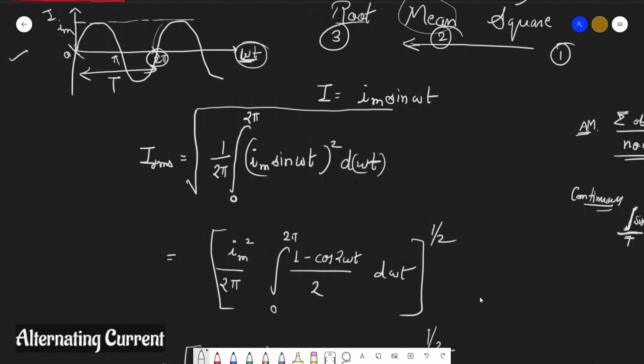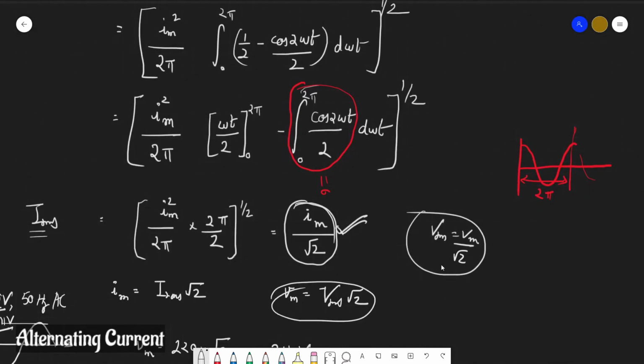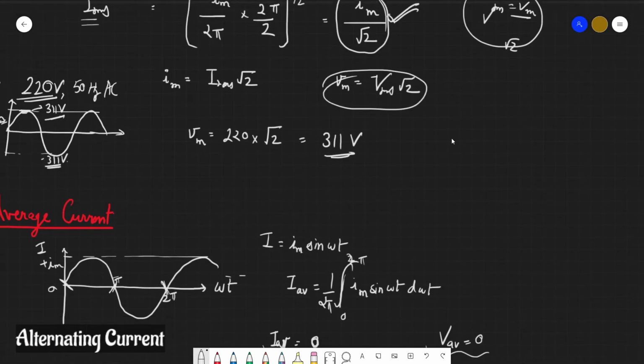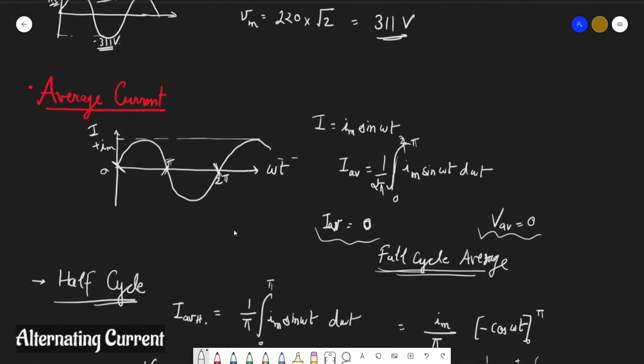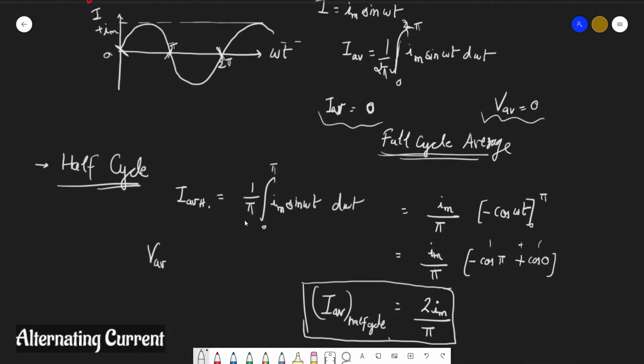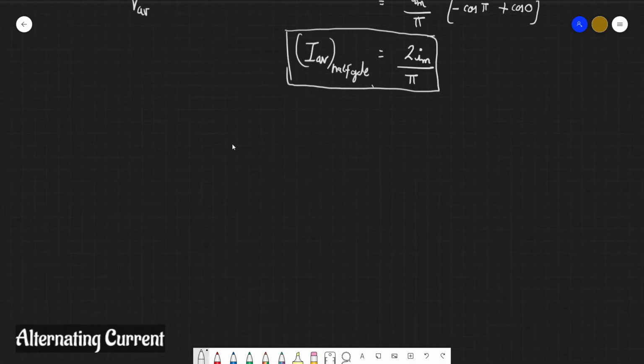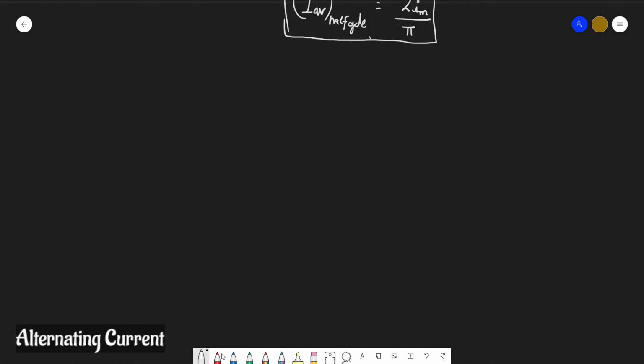Now let us talk a little bit about phasor diagrams, just an introduction, because here we will be dealing with the phase angles. As you have seen, there was no phase difference between V and I in a resistive circuit.